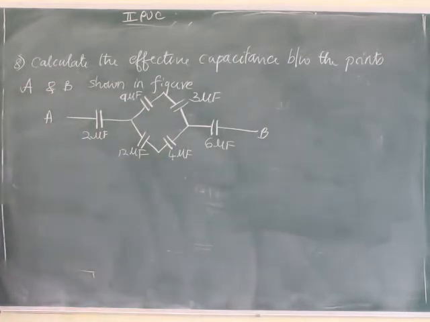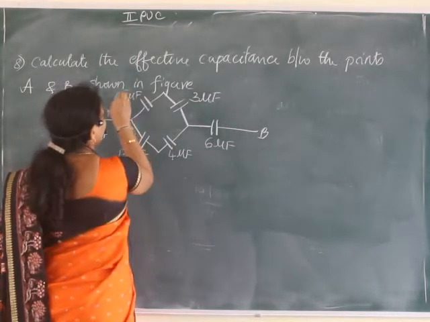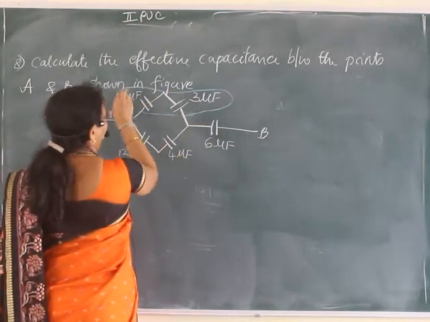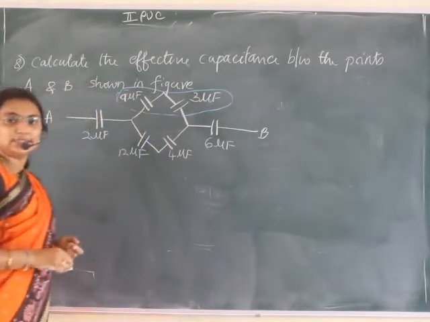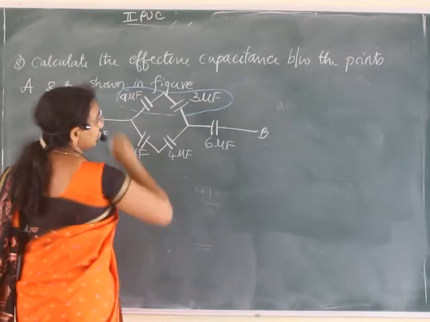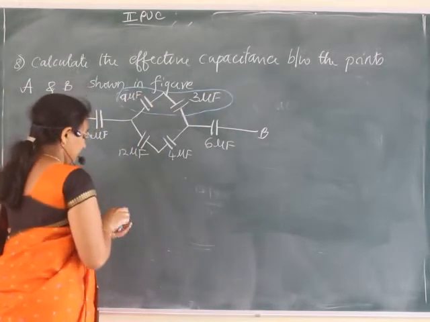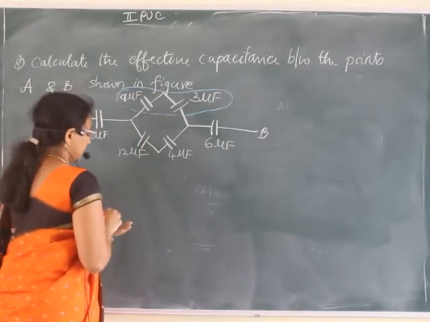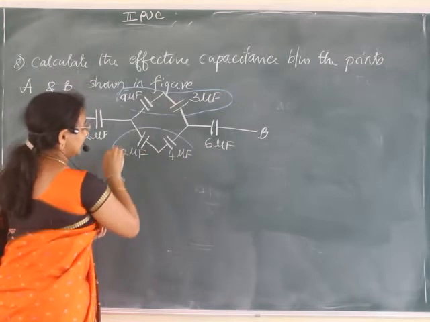Let me use the color chalk so that you will understand it clearly. See here, these two are in series, hand to hand. Correct? Then these two are also in series.